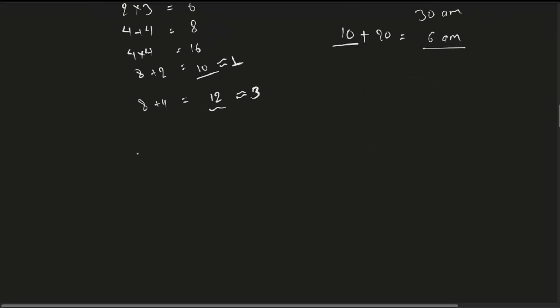So for example, 8 plus 4 is going to give us 12, but if I perform a modulus 9, in other words, if I try to find the remainder, the remainder will be 3. If I try to divide 12 by 9, 9 times 1 is 9, and 9 plus 3 is 12, so 3 is the remainder.